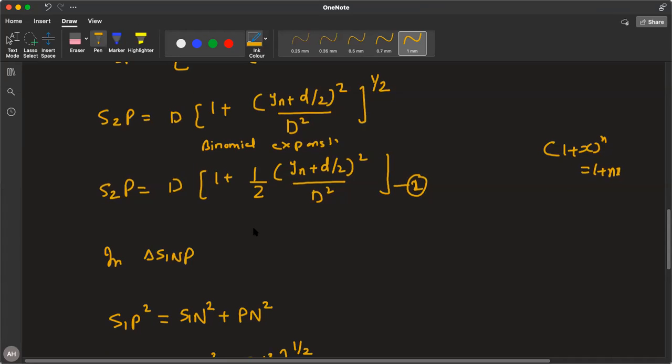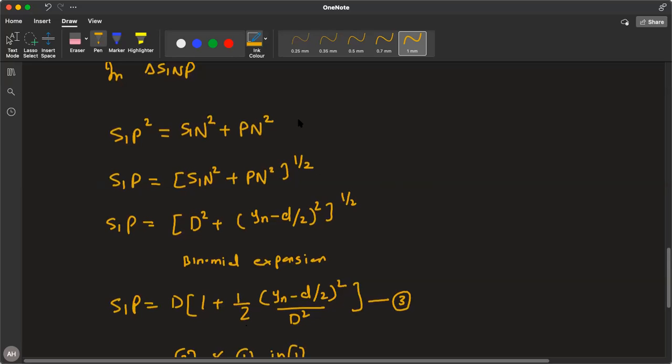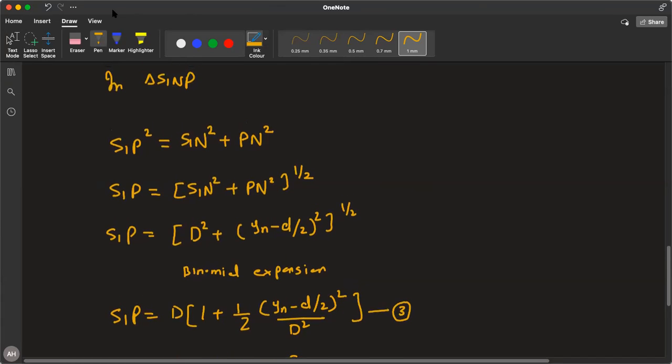Yes, written up to here. This S2P is over. Then please put 2 and 3 in 1 and get the value of x. Good, Abdullah. That's x. Very good.